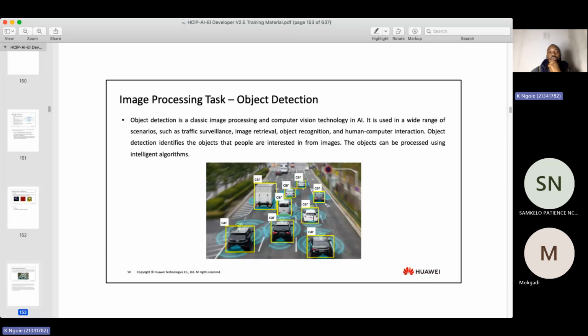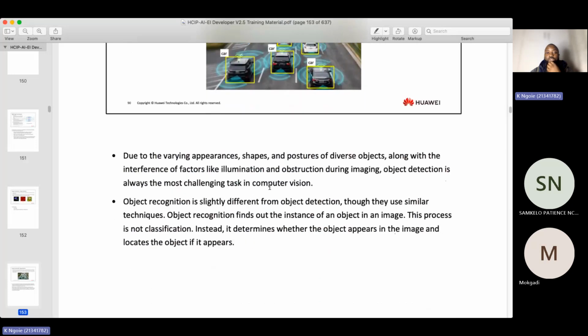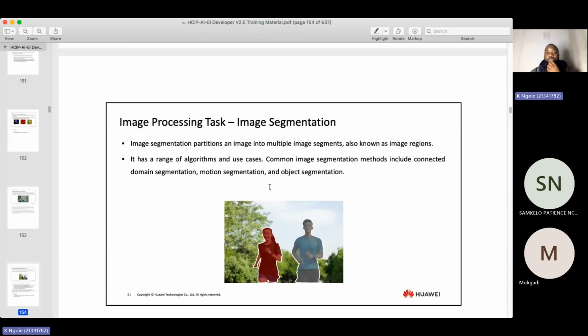In this case, we have one image where there are many objects or many things on the same image, and the machine is able to choose or classify the things that are on a certain image. So that is how object detection can be done.